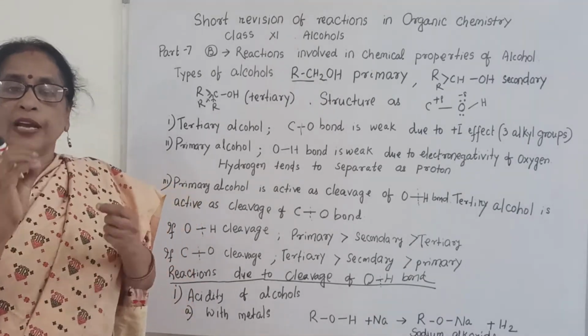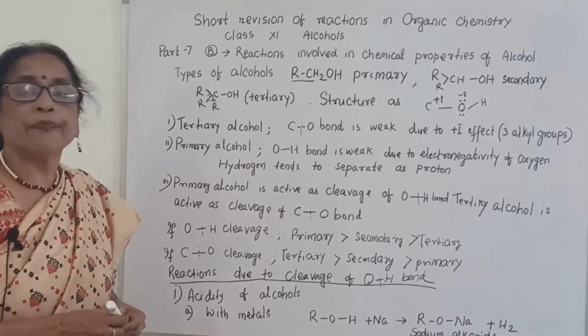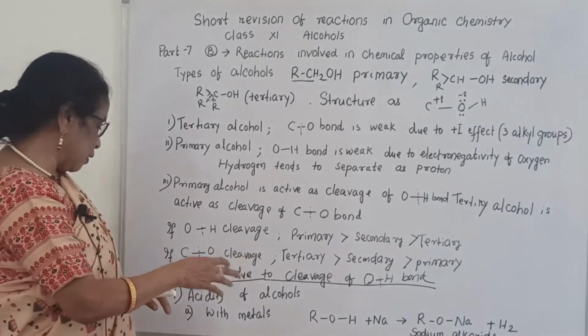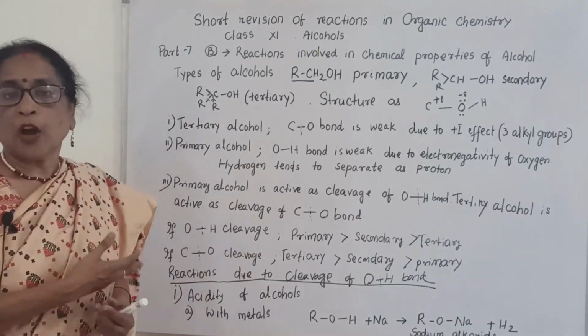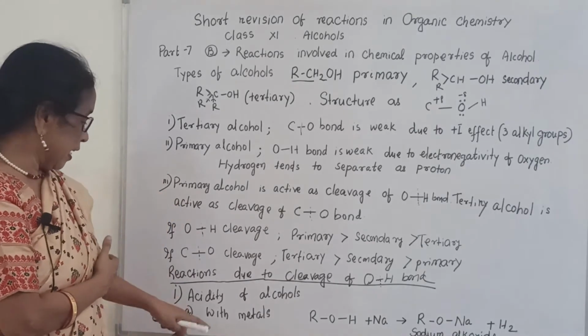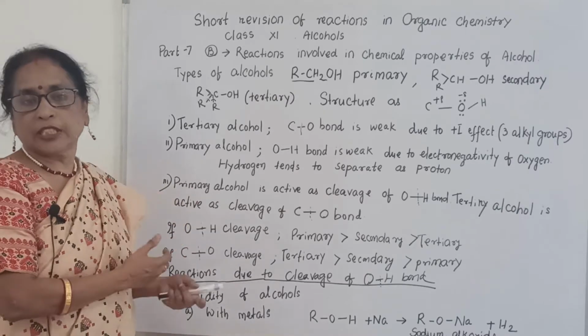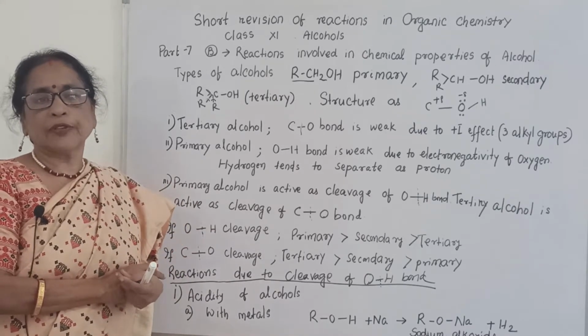When in ROH, H is replaced by Na, that is called sodium alkoxide, along with hydrogen. Here, with metals, it proves that hydrogen gas is liberated. Similarly, we will see how other metals react with alcohol.